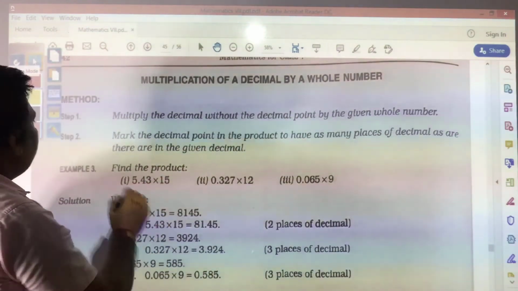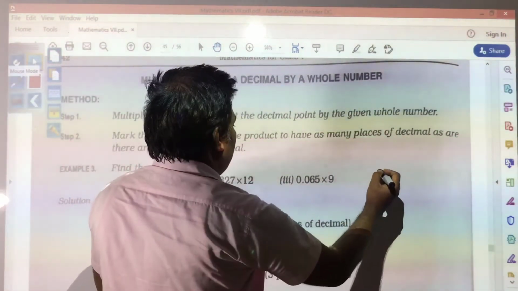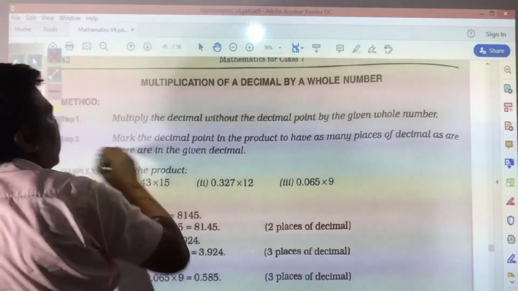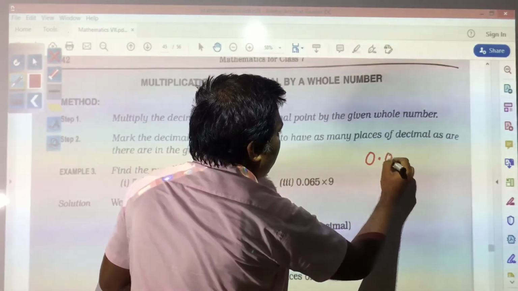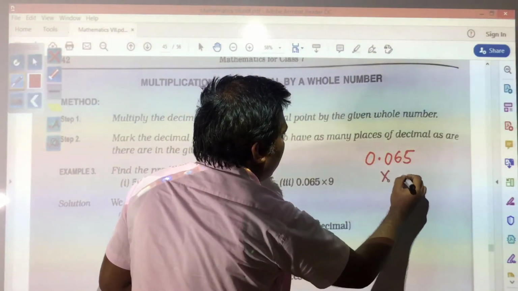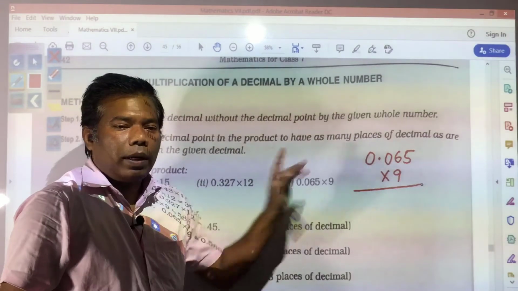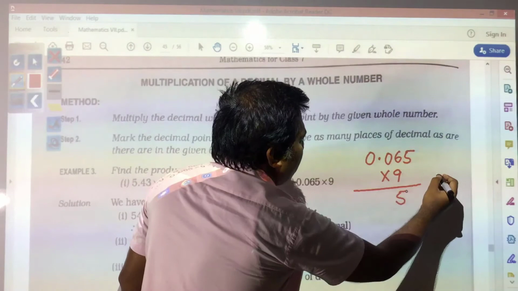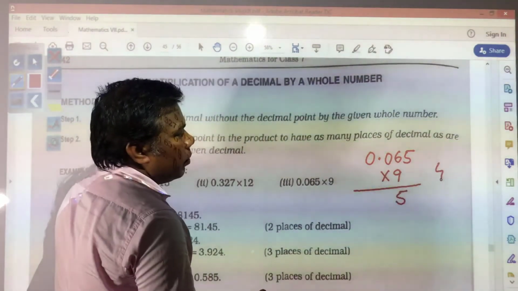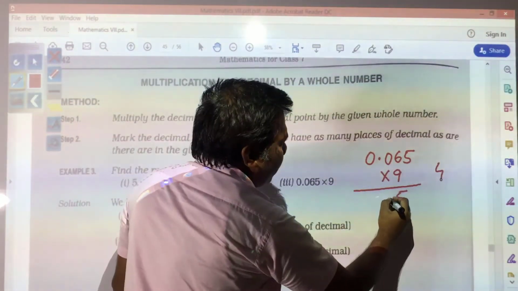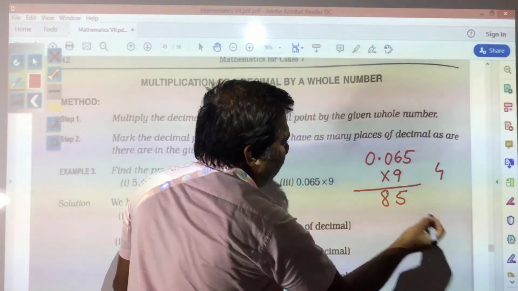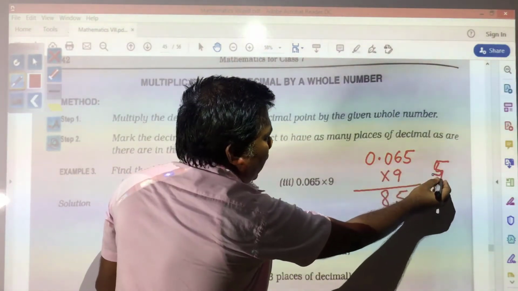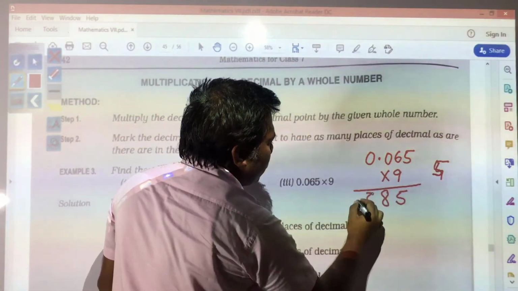Next example you see, suppose a simple example you take: 0.065 into 9. Without the decimal you multiply this. 9 fives are 45, 9 sixes are 54 and 4, 58, 5 you have, then 900 and 5, 585.